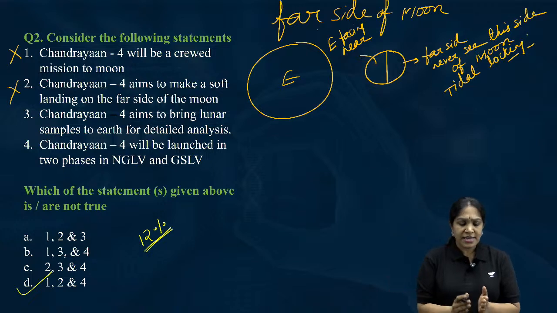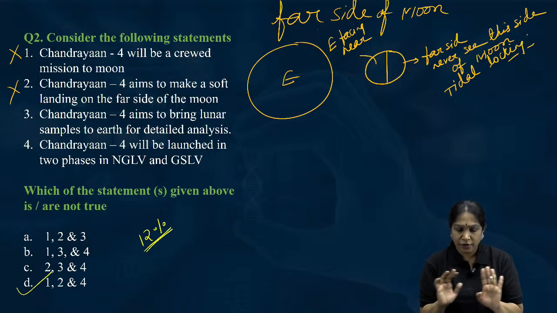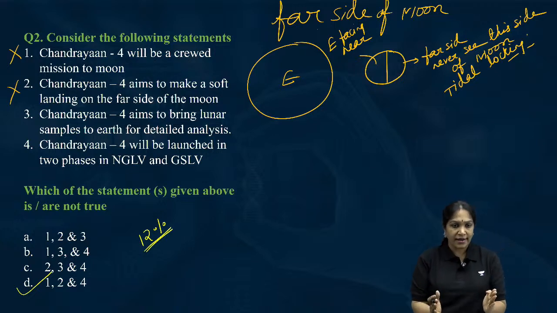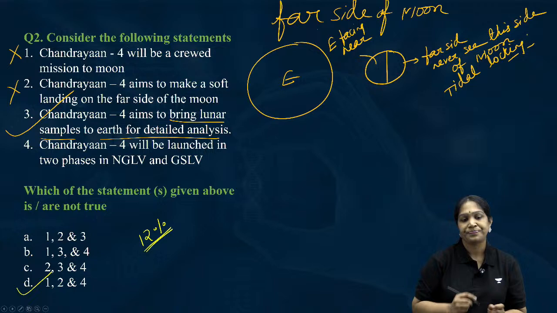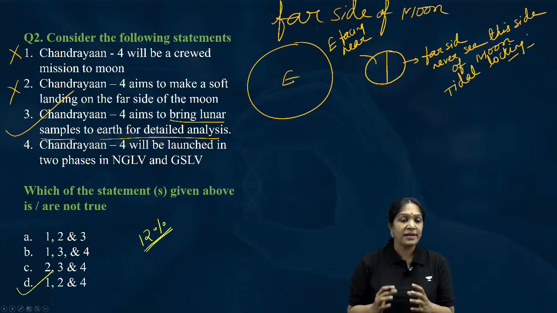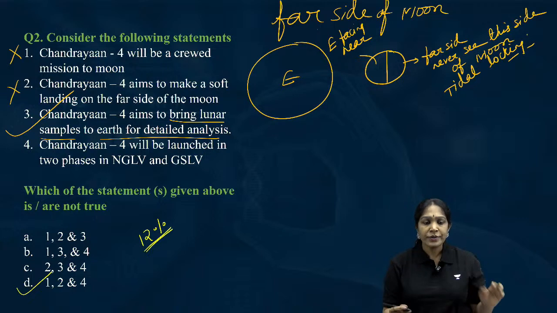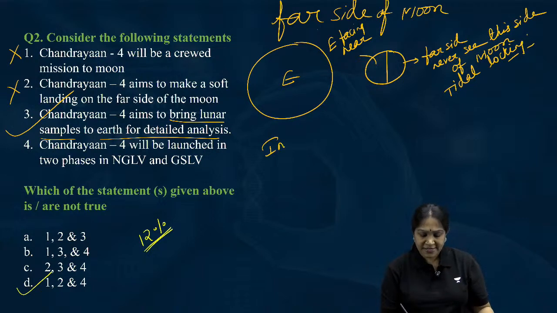So Chandrayaan-4 aims to make a soft landing on the far side of the moon. No, we do not have any such target with Chandrayaan-4. It aims to bring the lunar samples to the earth for detailed analysis. Yes, correct. By the way, why bring the samples to the earth? We have two types of analysis. First one, in situ analysis.